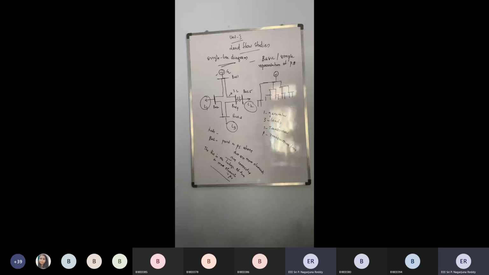And the second point is, in this single line diagram, the joining points are noted as buses. Those are not physical locations. It is just a point in your network where two or more elements are present.